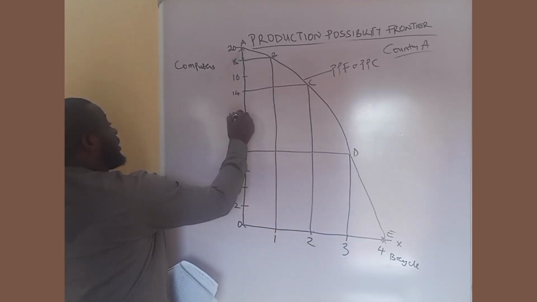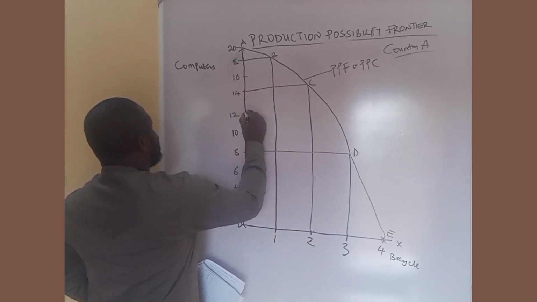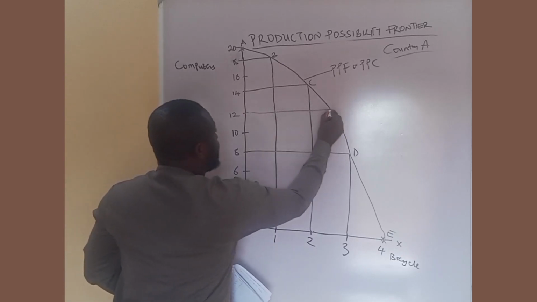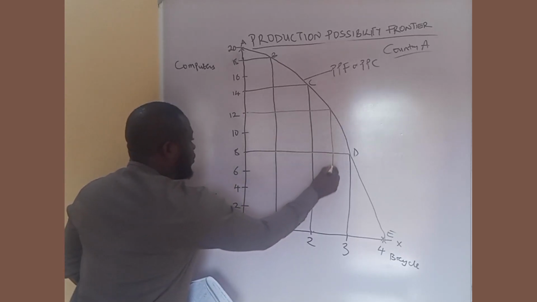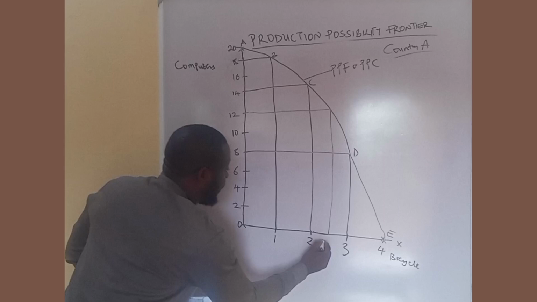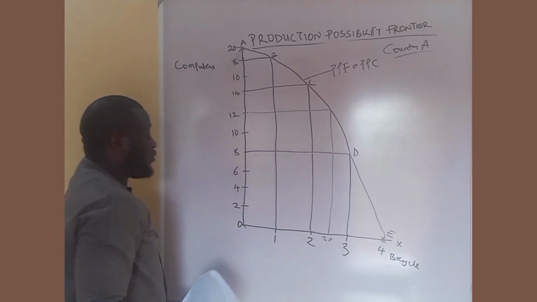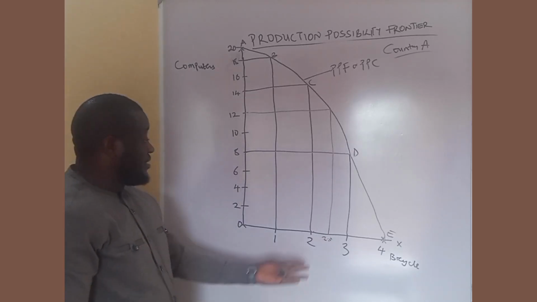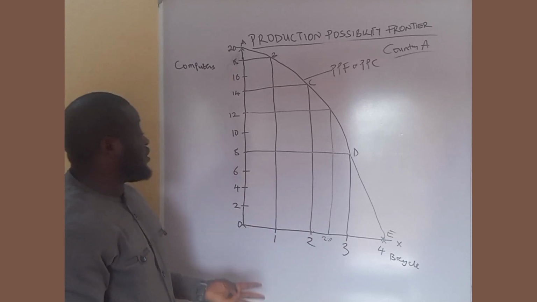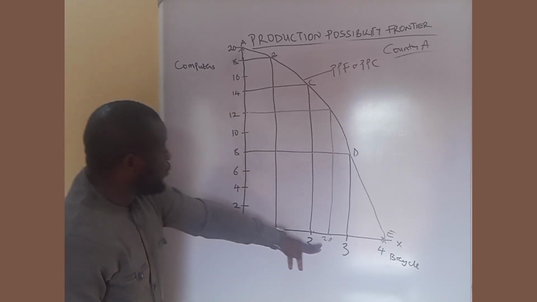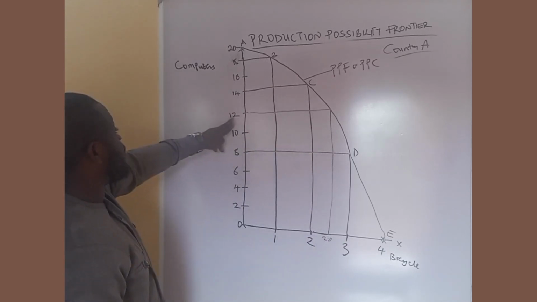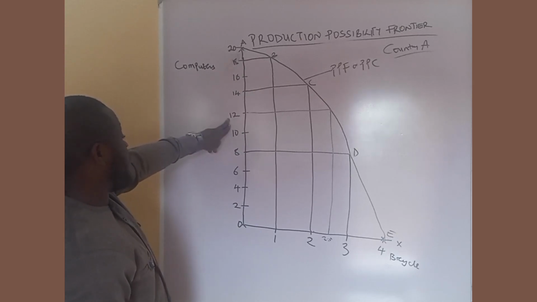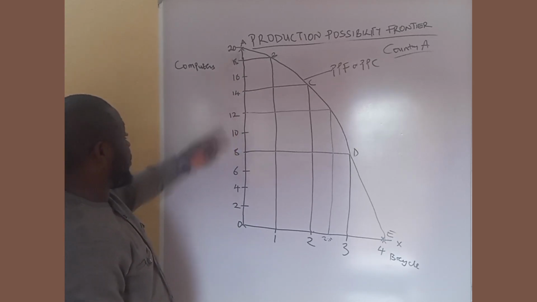For instance, if we take 12 computers and you get to the plot, it will align with say 2.5 bicycles. Assuming we have 2.5 bicycles, we can say for you to produce 2.5 bicycles, you must produce 12 units of computer.